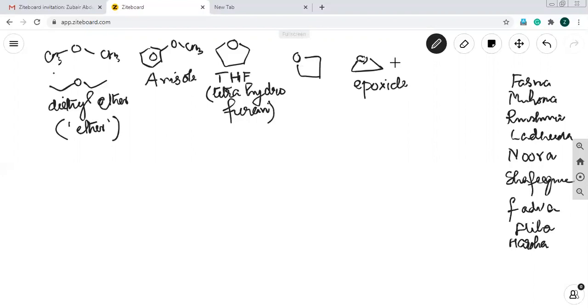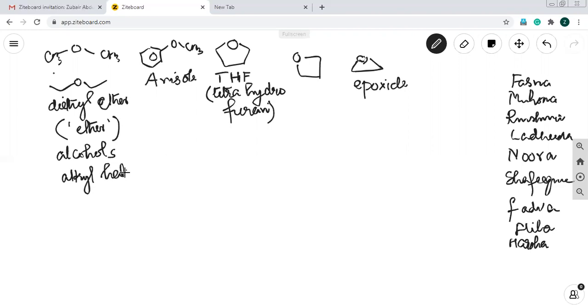Okay. So let us look at the preparation. We have already seen the preparation of ethers from alcohols. And also, you can prepare them from alkyl halides. In fact, you require both of them.